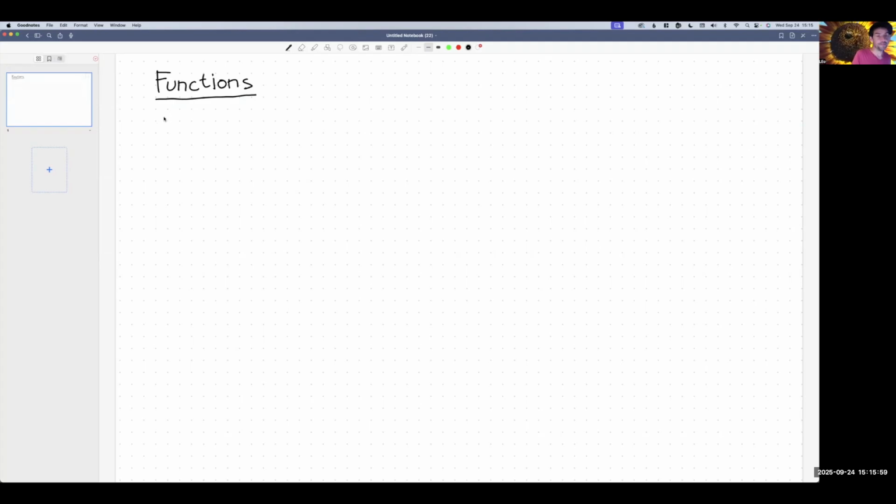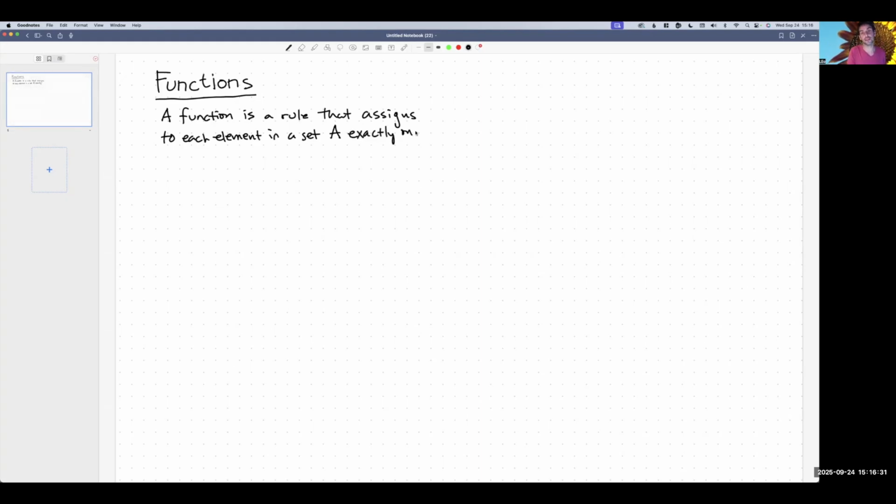We should think of a function as a rule that assigns to each element in a set, I'll call it A, in a set A, exactly one element from a set B.